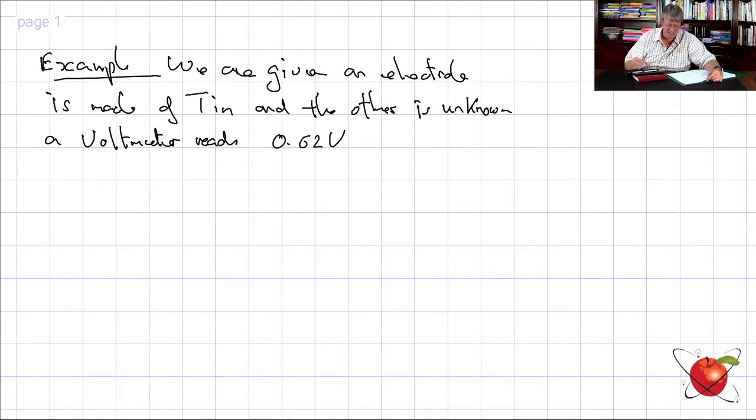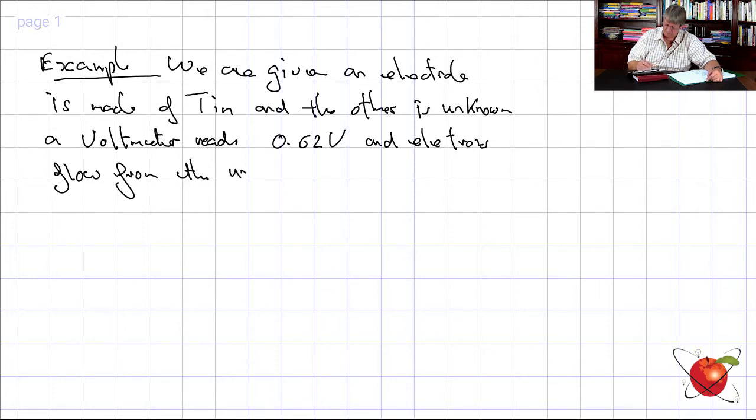And the electrons flow from the unknown. What is the unknown electrode made of?